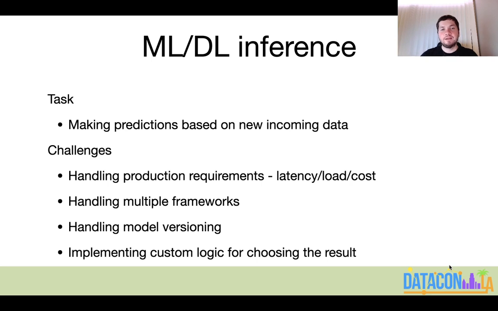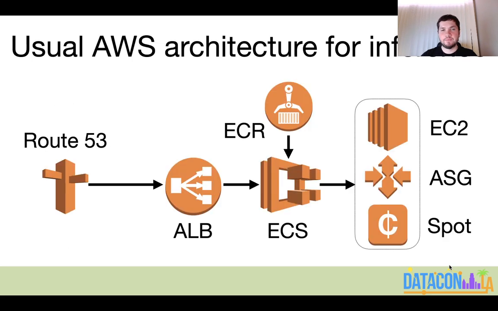And finally, model predictions. Here we want to make predictions based on new data, and we want to be able to adhere to requirements like latency, load, and cost, and be able to handle multiple frameworks and multiple models in production. So here we can see what the usual architecture for inference would look like if we want to implement something like a deep learning API.